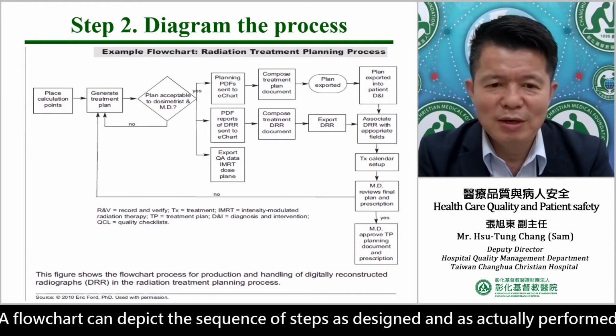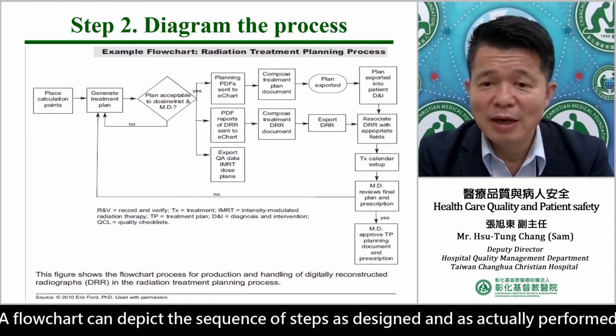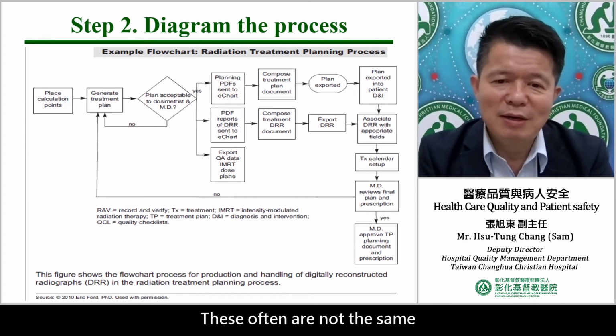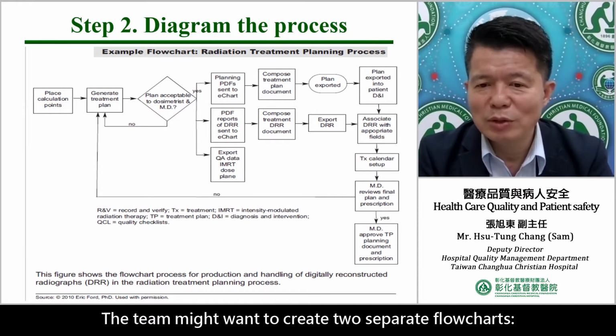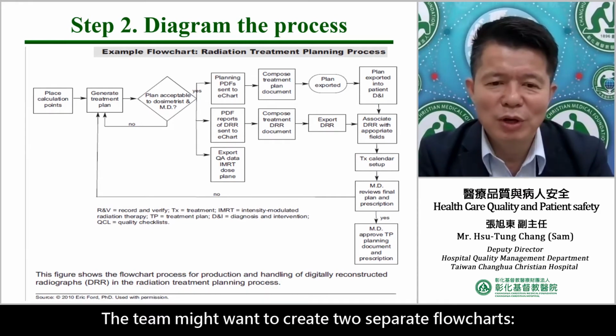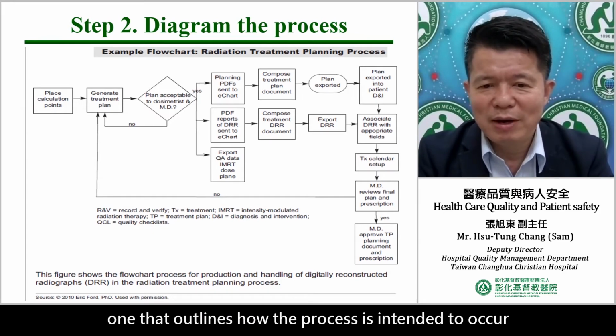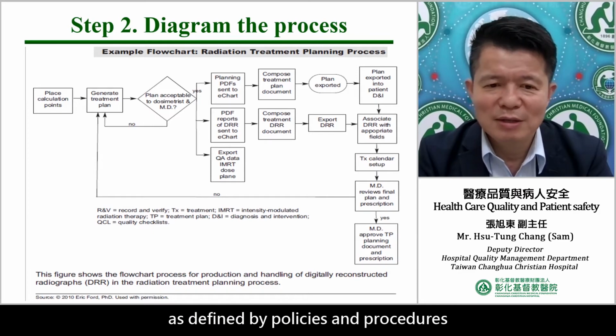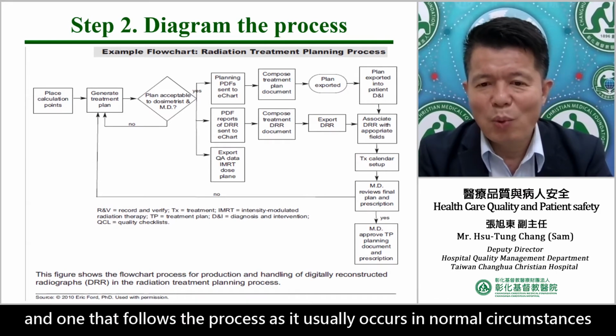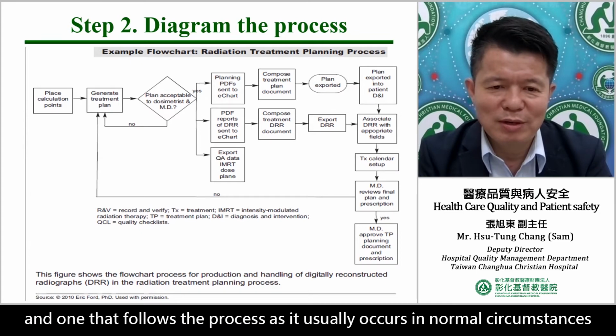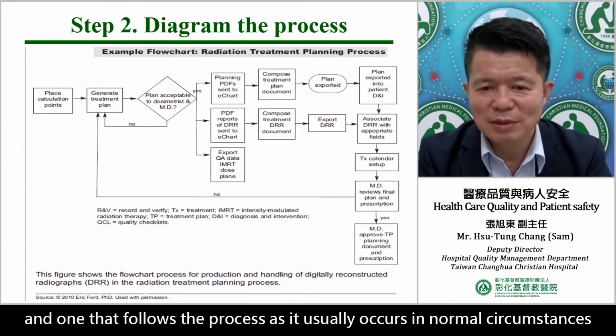A flowchart can depict the sequence of the steps as designed and as actually performed. These often are not the same. The team might want to create two separate flowcharts, one that outlines how the process is intended to occur as defined by policies and procedures, and one that follows the process as it usually occurs in normal circumstances.